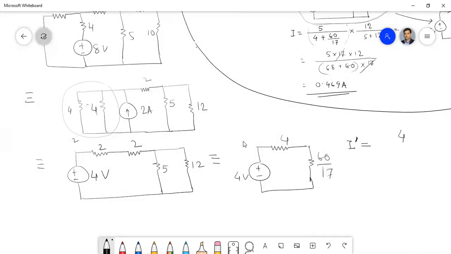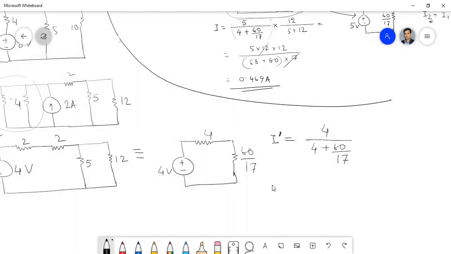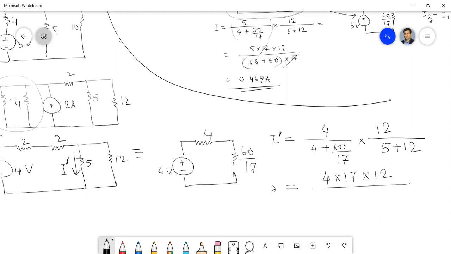You just calculate it. 4 by 4 plus 60 by 17. But I prime is the current through the 5 ohm, so this is the I prime. So that means 12 by 5 plus 12. Let us calculate what is this value. 4 into 17 into 12 divided by 68 plus 60.